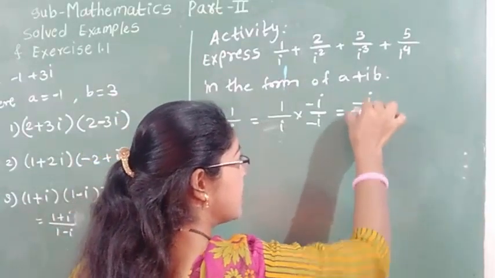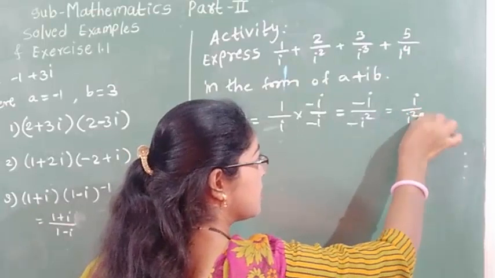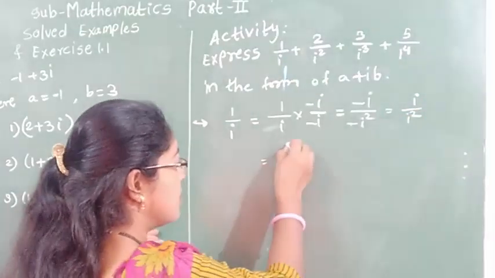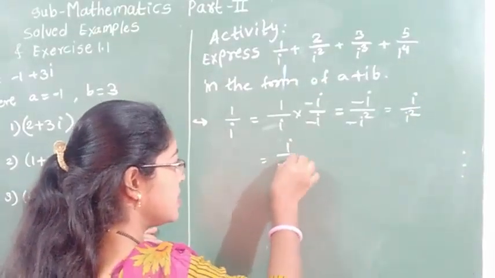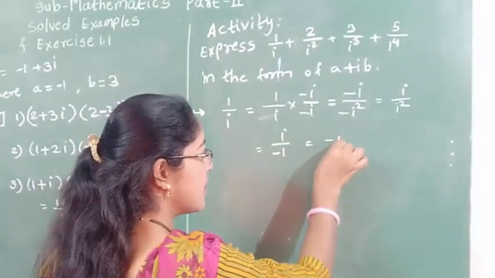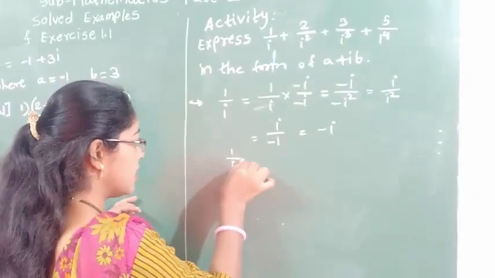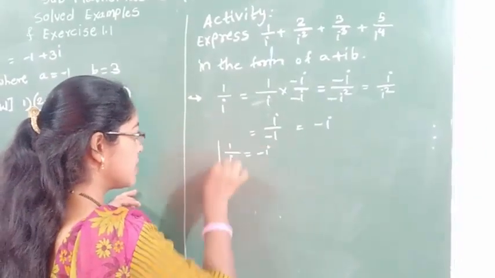So this is minus minus get cancelled, i upon i square. i square is minus 1. So this is minus i. So 1 upon i काय आलेलं आहे, minus i.